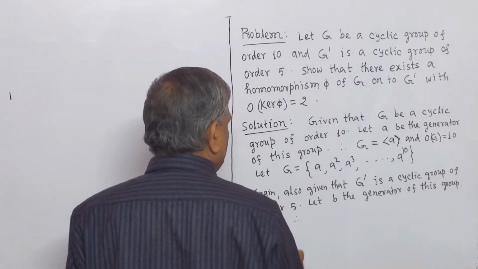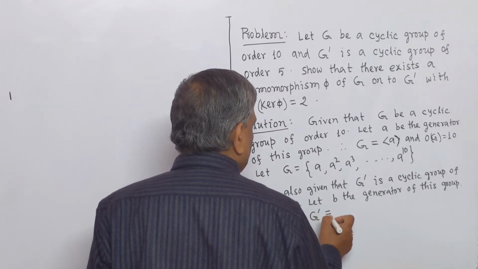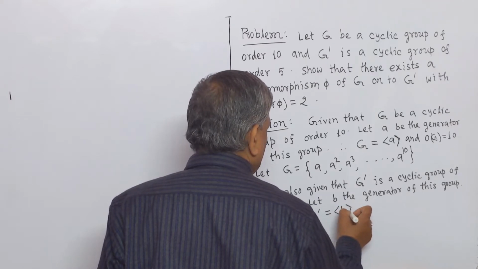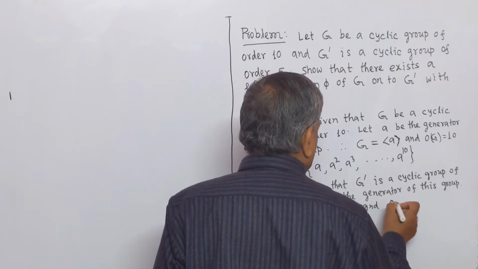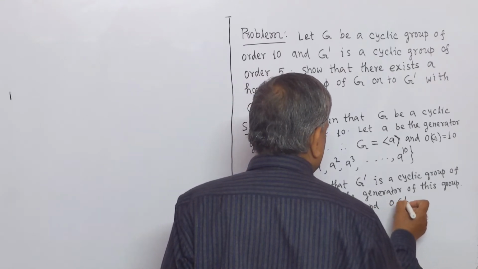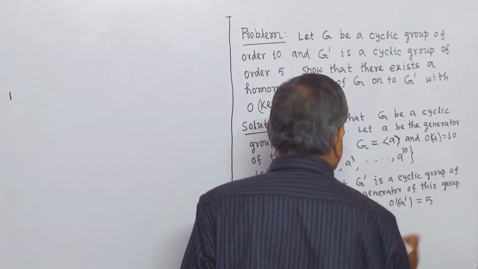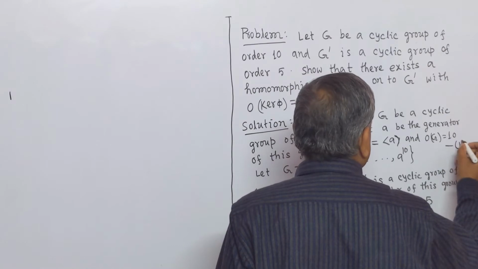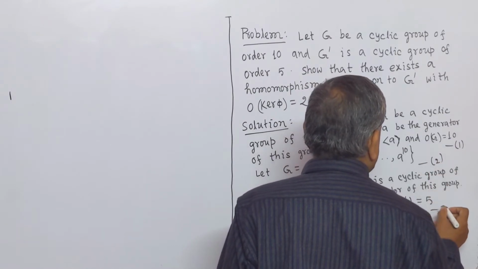Therefore, G prime is written as G prime is generated by B and order of G prime equal to 5. Let this is number 1, this is number 2, this is number 3.